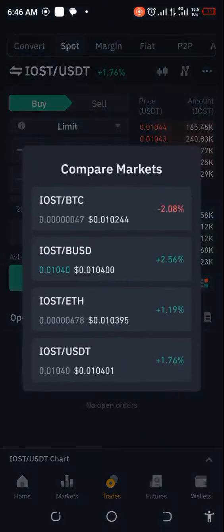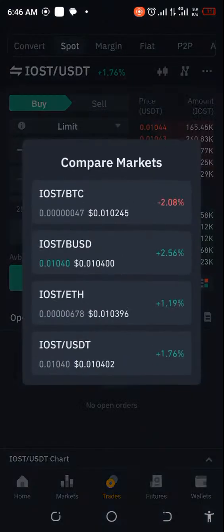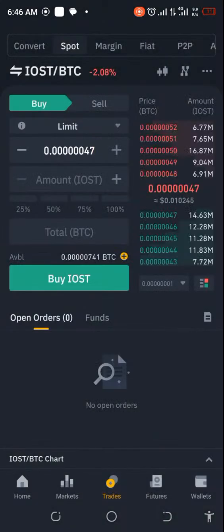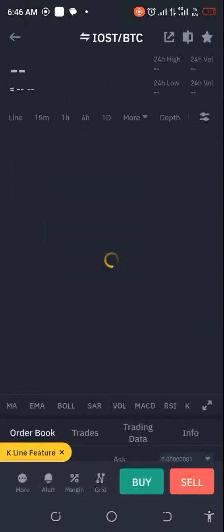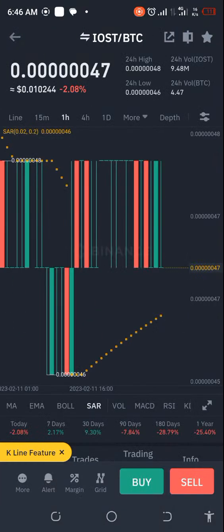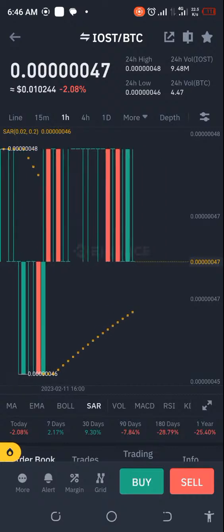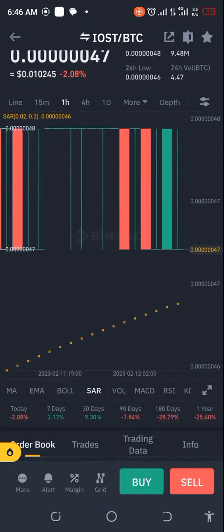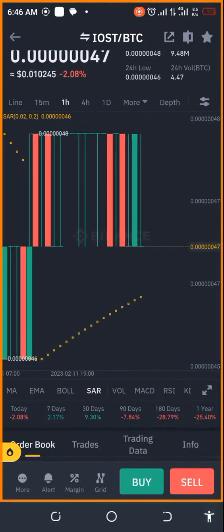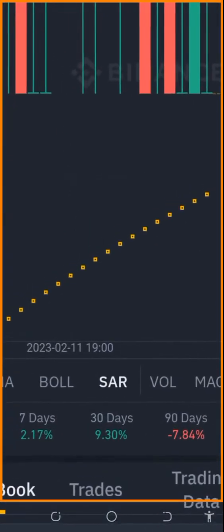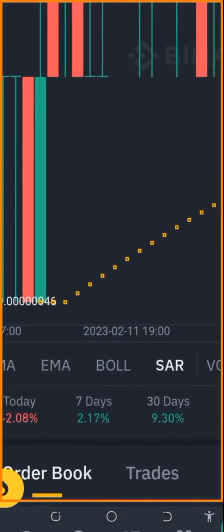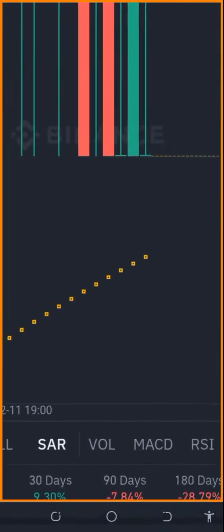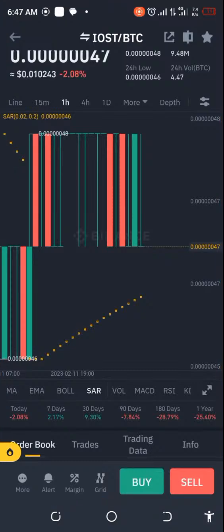Let's look at the IUSD BTC chart and use that to check what we're talking about. I don't understand why this is looking like this, but you'll see that it was actually appreciating. The chart looks really funny. But look at the base. You can see that the parabolic SAR is still in the upward trend, so definitely it was still going to climb up.